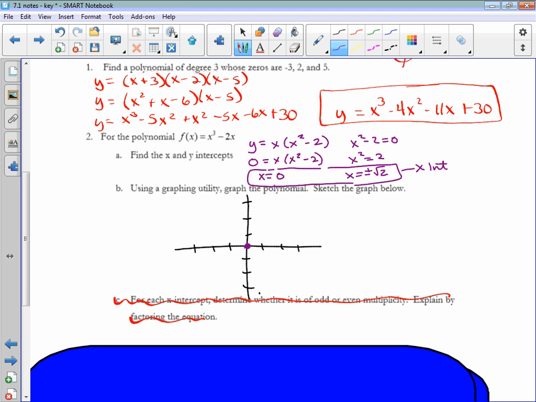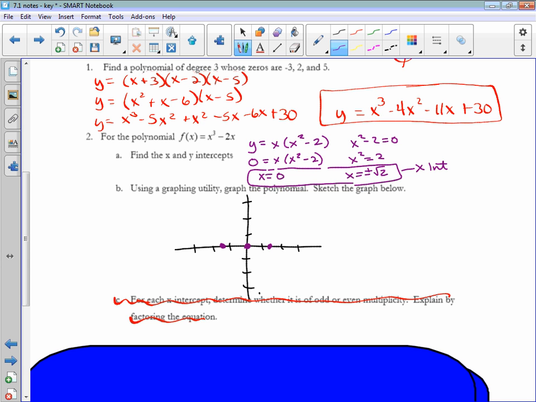Okay, I told you don't have a calculator. How do you figure out where root 2 is? Go ahead, Bobby. A little bit more than 1, right? Yeah, it's going to be in between 1 and 2, because it's in between the square root of 1 and the square root of 4. Okay, so I do not expect perfection with where the square root of 2 is located. Just put it somewhere in between 1 and 2, and that's fine. So I have a positive 1, and I have a negative 1, okay?